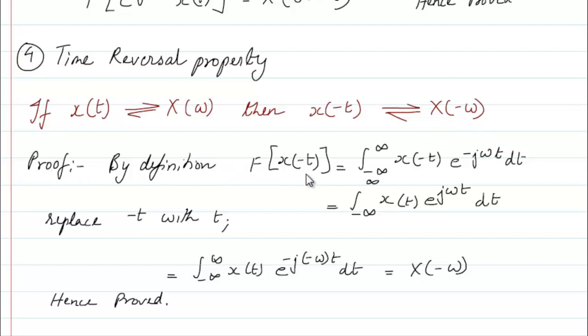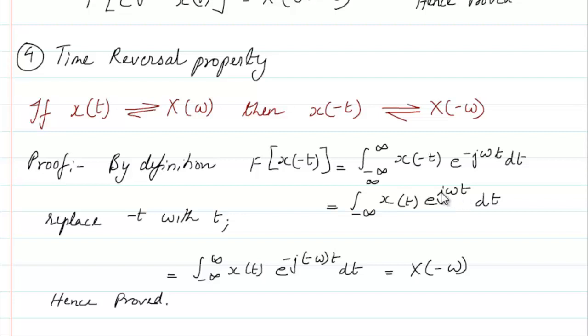By definition, to find the Fourier transform of x of minus t, I will write it as the integral of x of minus t e raised to power minus j omega t dt. We know the equation. Now I am going to replace minus t with t, so here I take this minus with this t and replace it as t, and I will get this as t.